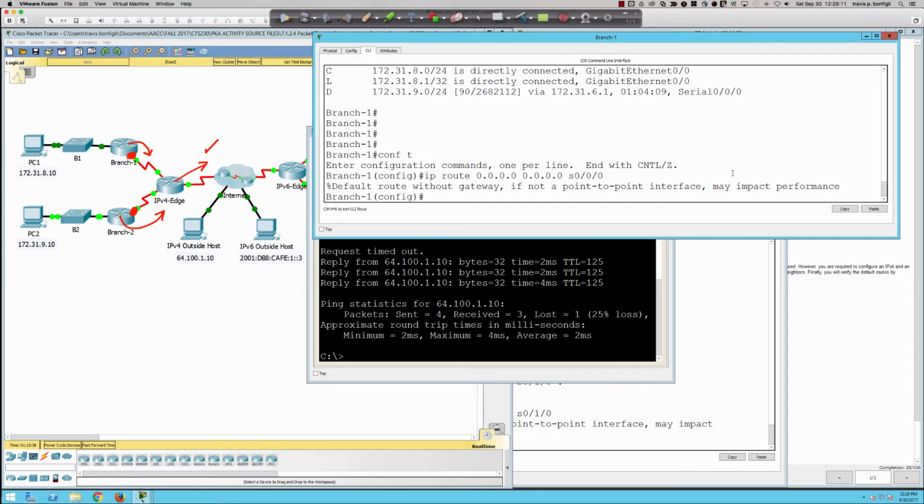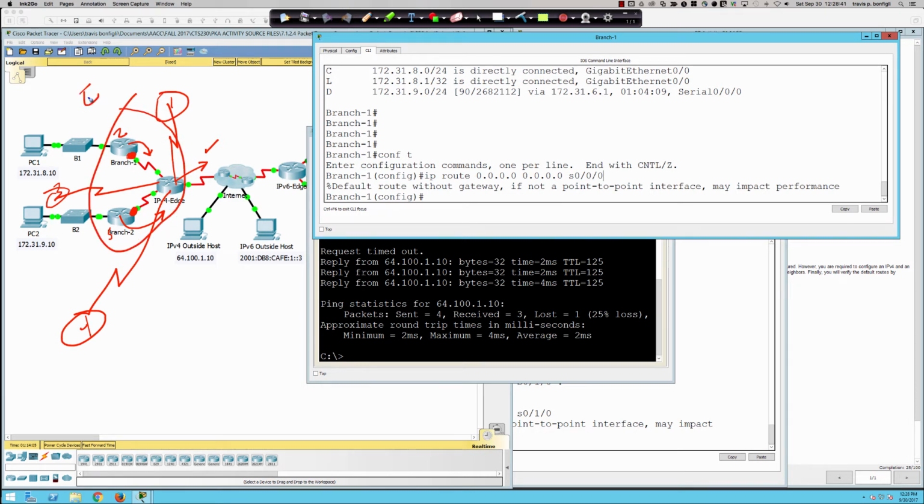We don't want to have to go to all these routers. Assume that off this edge router, we've got another router here, and another router here, and another router here, right? Do you want to have to go to 1, 2, 3, 4, 5 different routers and put default route statements in there if they're all already participating in our EIGRP autonomous system? And the same conversation is true when we talk about routing information in general.